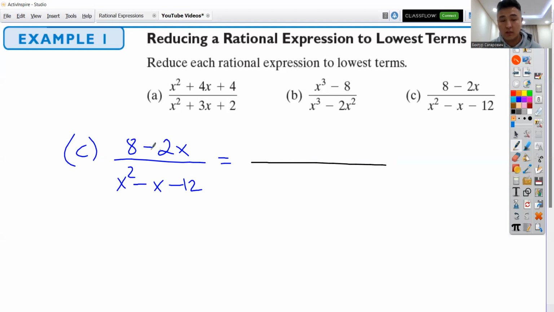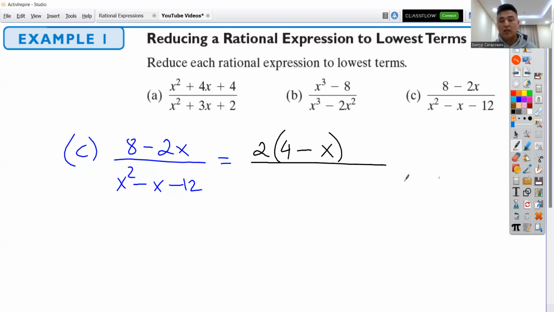I believe in this example, we can use 2 or negative 2. Let me go with the 2. 2 multiplied by 4 will give me 8, and then negative 2 multiplied by x will give me negative 2x.